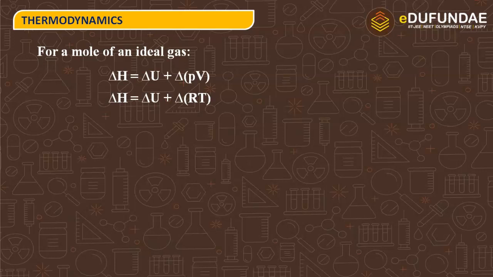So we can put RT in place of PV. It will become delta H is equal to delta U plus R delta T. Why so? Because R is constant, so it will become R delta T.